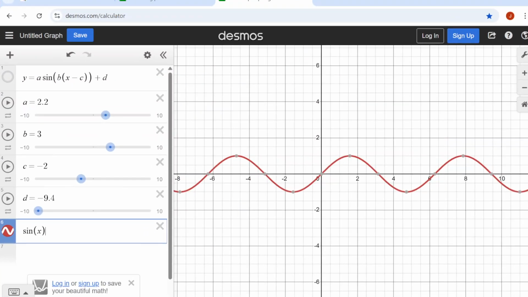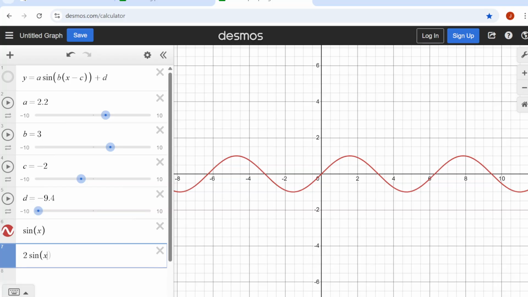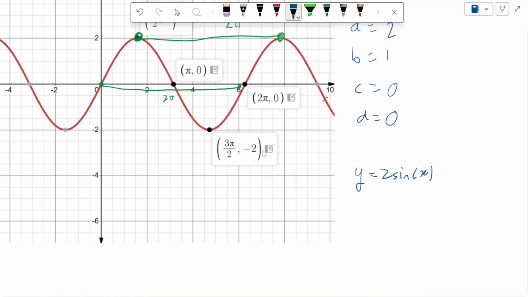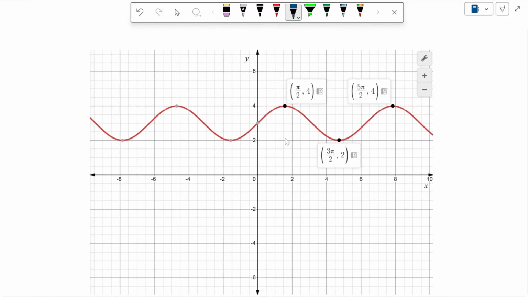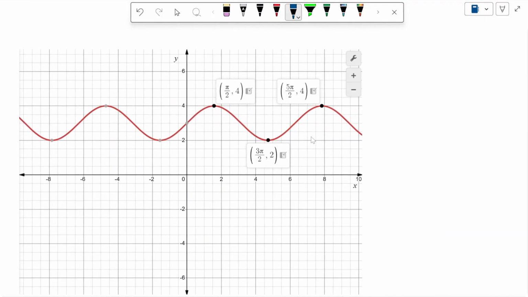If we look on Desmos, we can graph this. You can see that sine of x versus 2 sine of x is the same, it's just stretched up a little bit. Okay, next graph. We've got this line here at y is 3, that's where it's centered. So if we figure out what all the letters are, D would be 3.